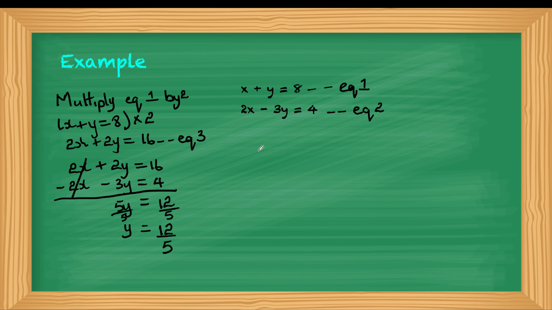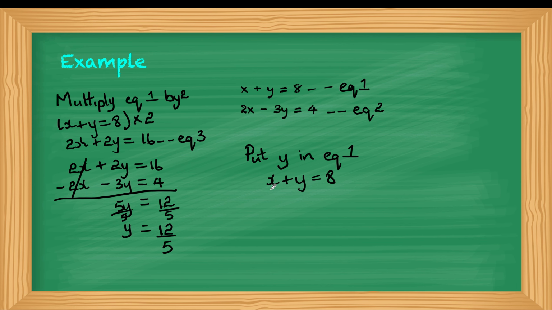Now that we have solved for y, we need to solve for x, so we're going to put y in, and we can use either one of the equations, but I'm going to use equation 1, and we're going to solve for x. So wherever we see y in equation 1, we're going to put 12 over 5.